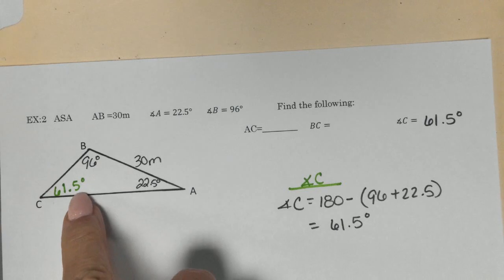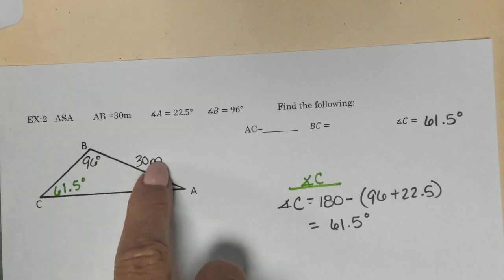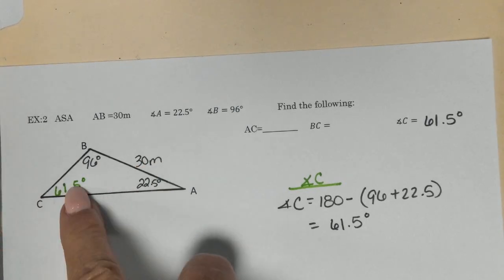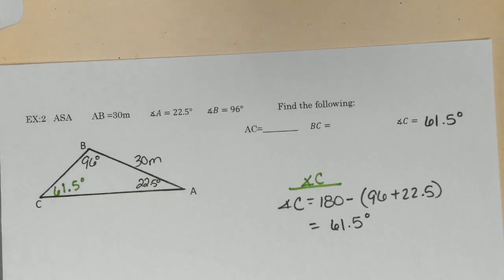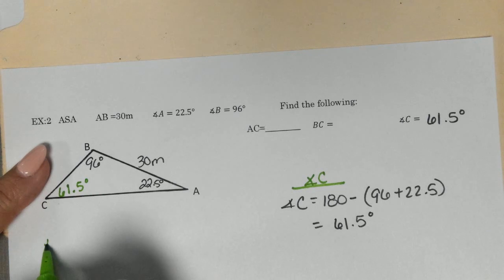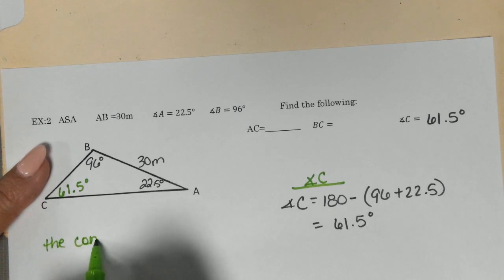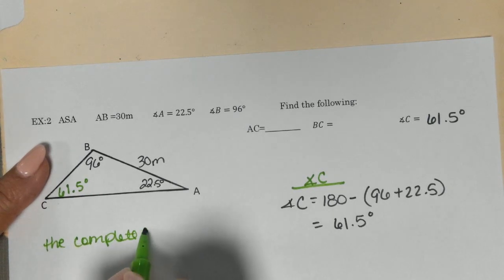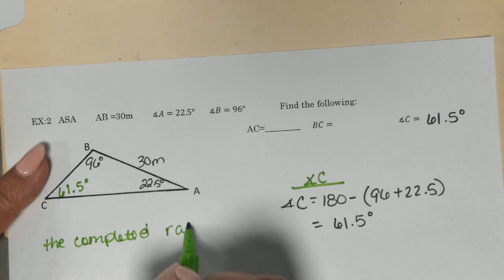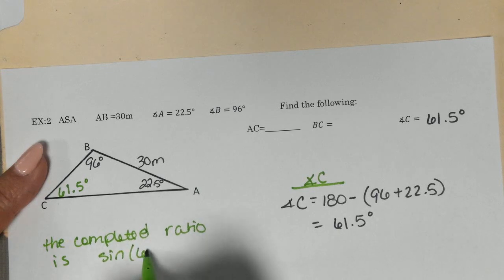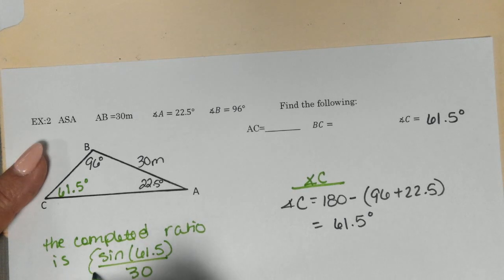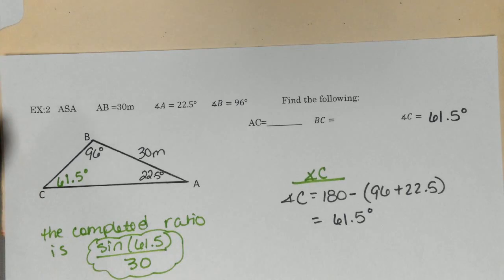Since we did that, we have a complete ratio right here. Without finding that angle, we didn't have a completed ratio. So the completed ratio is the sine of 61.5 to 30.